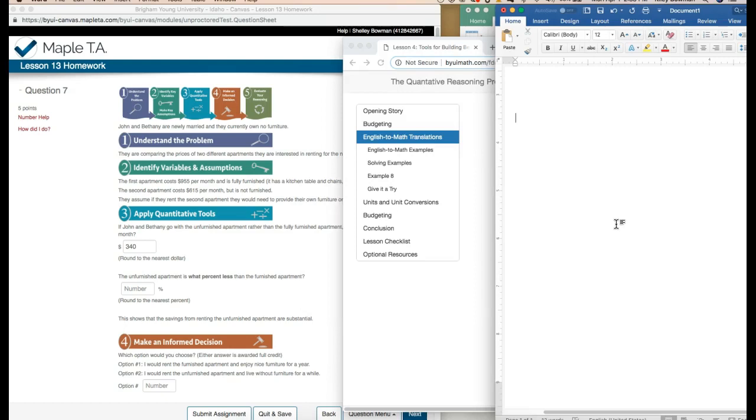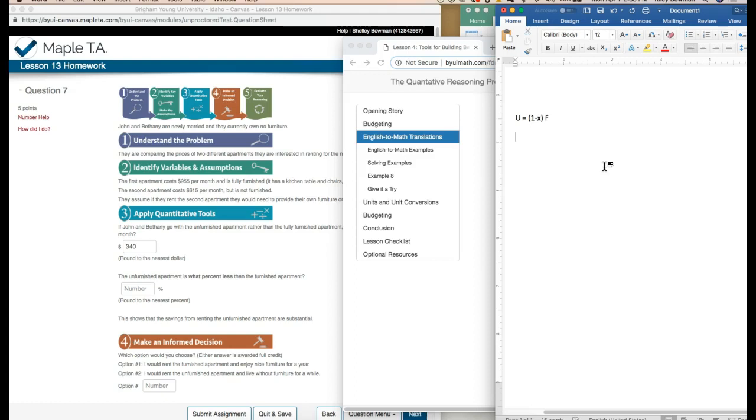Okay, so we want what the unfurnished apartment, so I'm going to do U for unfurnished, equals what percent less than, using the formula given in the textbook. It's 1 minus, and because I don't know the percent, we're going to do X, what percent less than the furnished apartment?